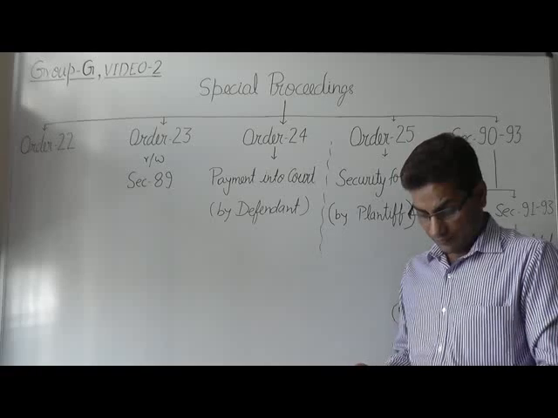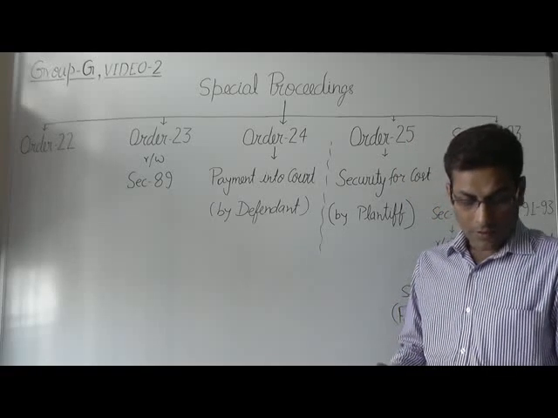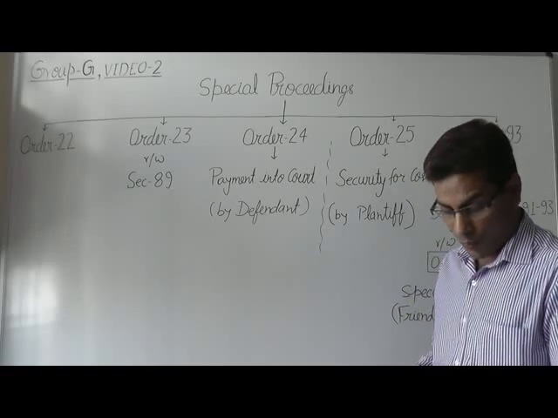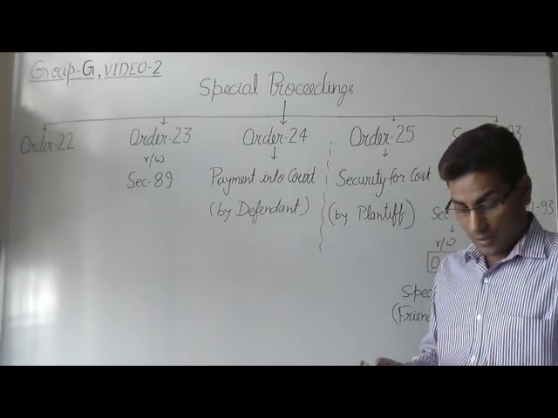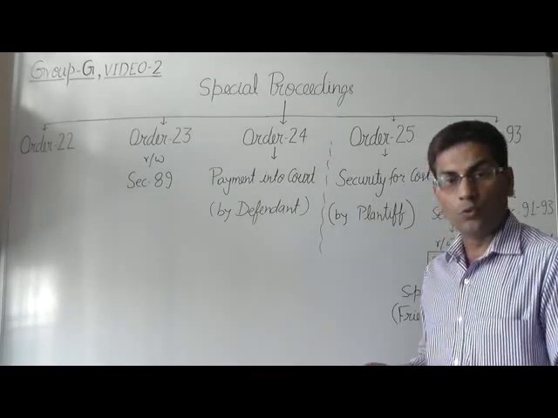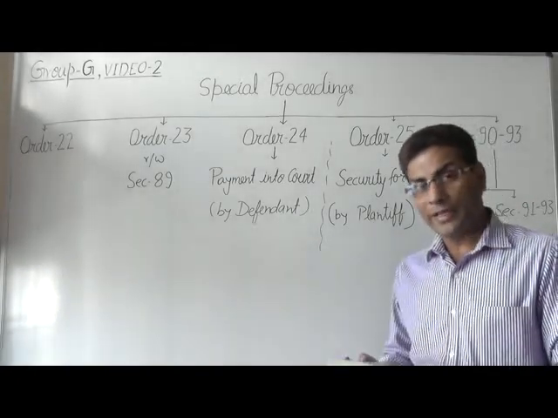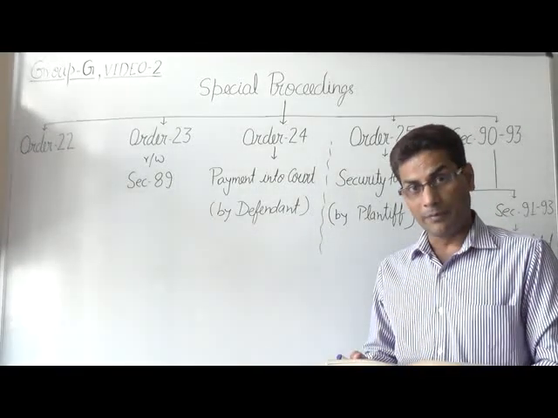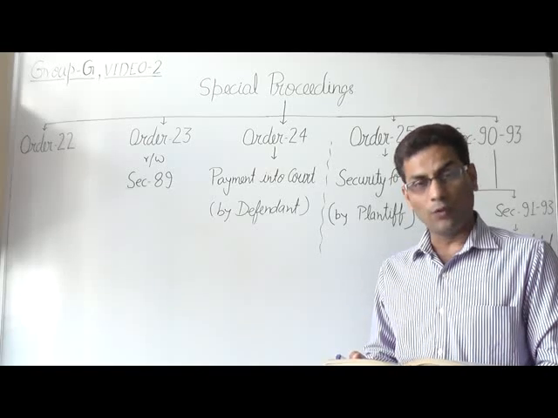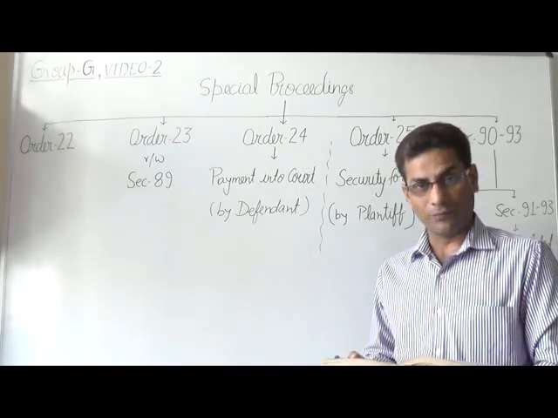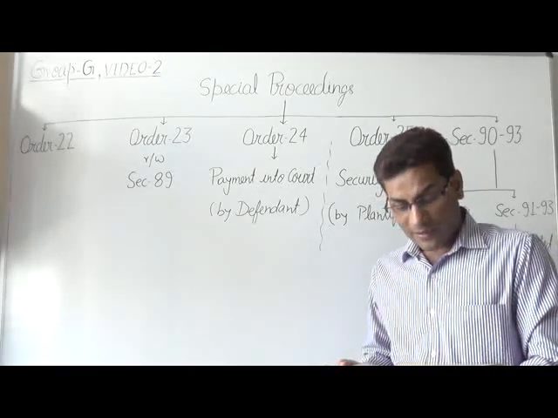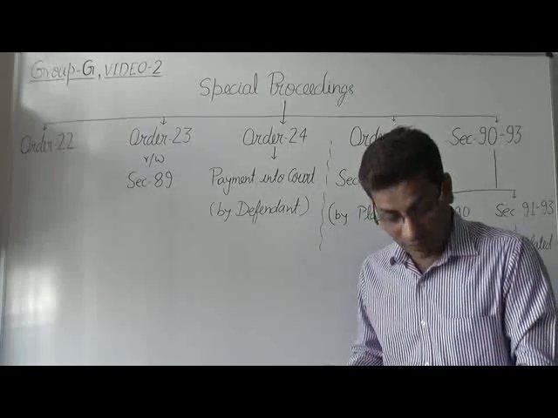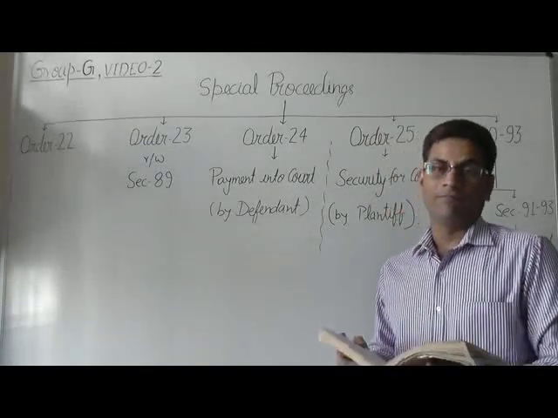Under rule 1, deposit by defendant of amount in satisfaction of claim. The defendant in any suit, but not in any suit. Read rule 1 of Order 24 carefully. The defendant in any suit to recover a debt or damages.